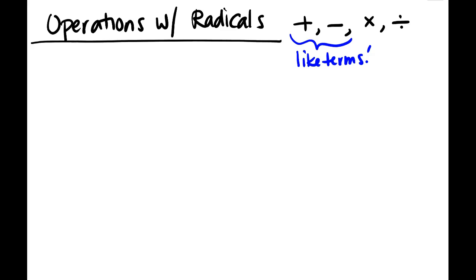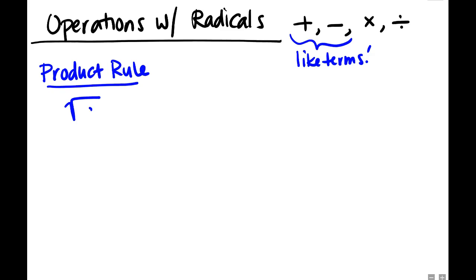They have their nice rules, and they're the rules we've been using to simplify. So hopefully we already know them, but if we wanted to write down those rules formally, we have a product rule, and this is just something we should know, that the square root of a times the square root of b is equal to the square root of a times b.